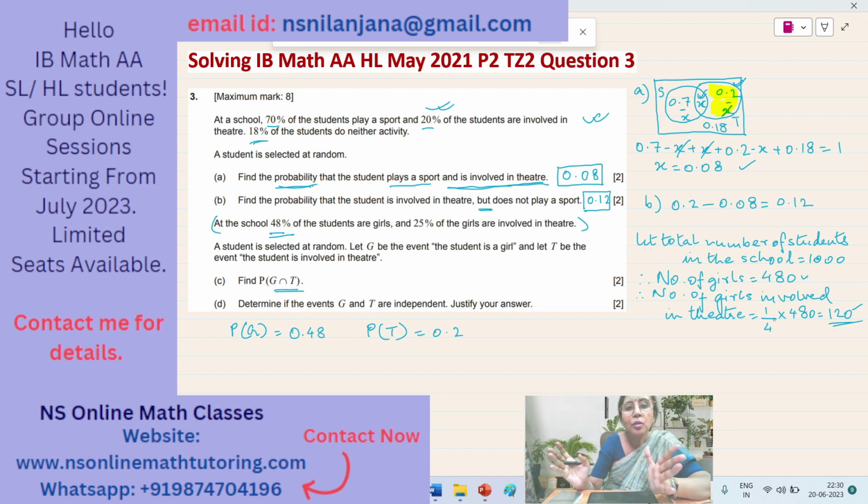It is 1000. So, what will be P of G intersection T? For C, P of G intersection T should be equal to 120 over 1000, which is equal to 0.12. So this is 0.12.